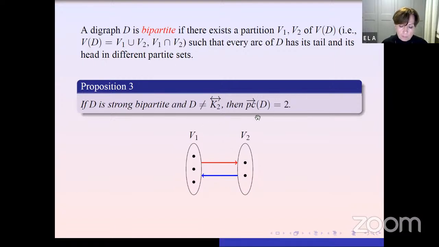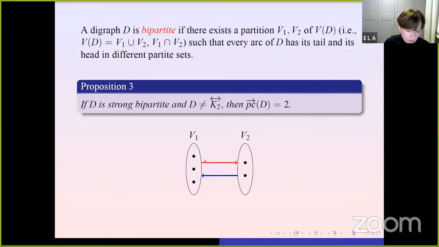So for strong bipartite digraphs, we have the proper connection number equal to 2, of course, except K2, the complete digraph on two vertices, because for this digraph the proper connection number is 1. And here is the idea of how we can color arcs to obtain a properly connected digraph.